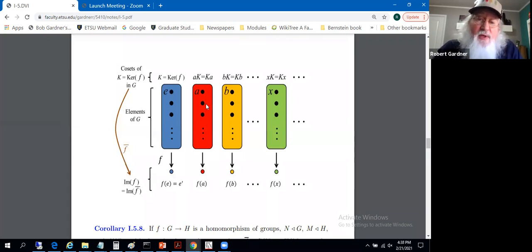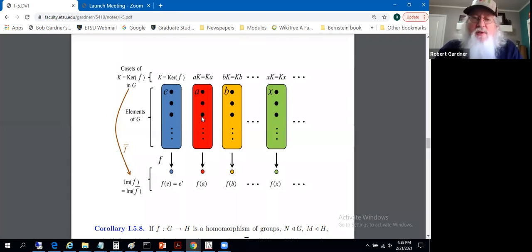This second element is alpha instead of A. Well, the left coset alpha K will be the same as the left coset AK. Doesn't matter which of these things you pick, we always get the same coset out.